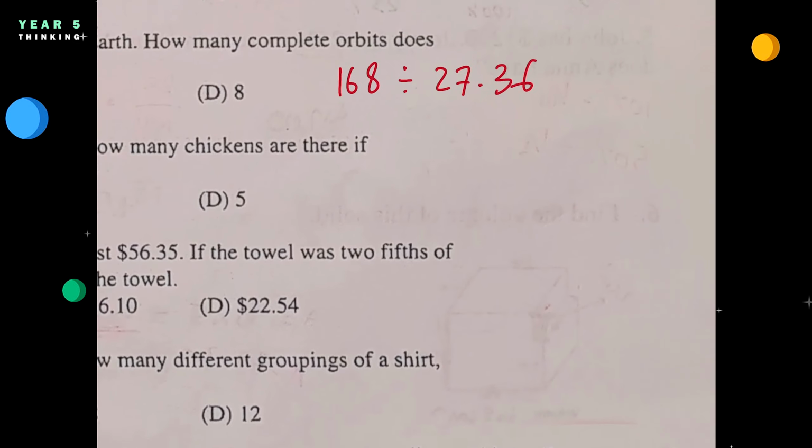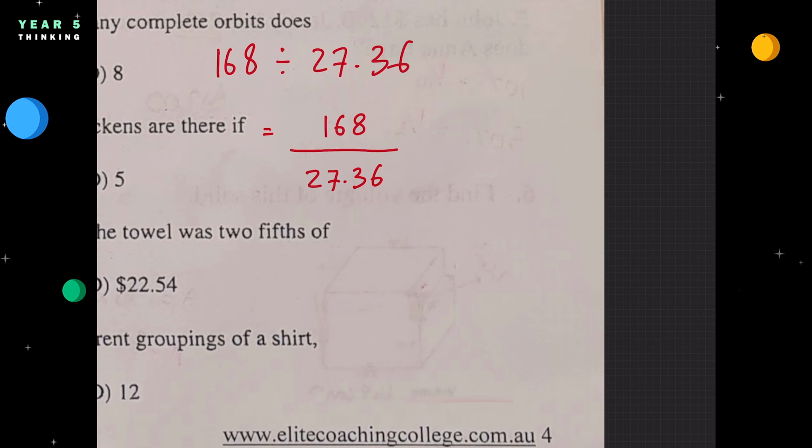The way we do this, we try and make it easier. Let's think of division as a fraction, because fraction and division are the same thing. So let's put it into a fraction. We take 168 and we're dividing it by 27.36. Now, in a fraction, we tend to not like decimals.